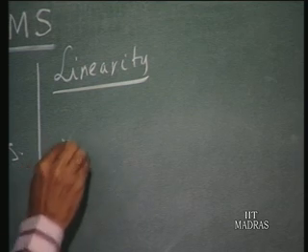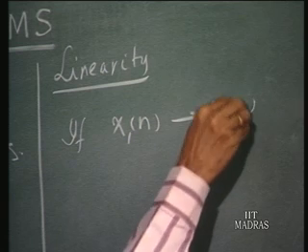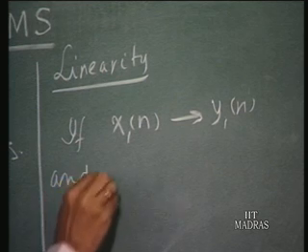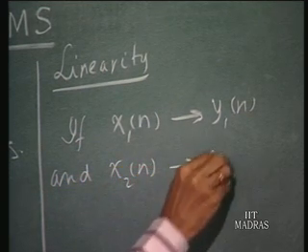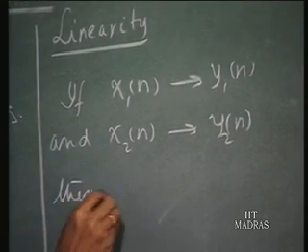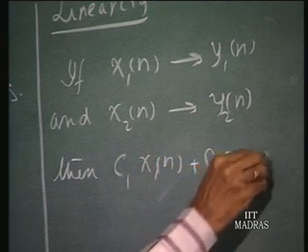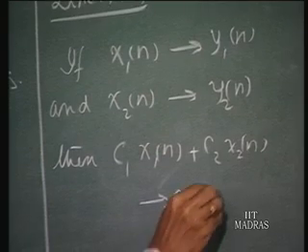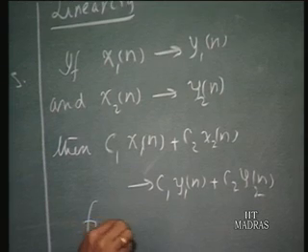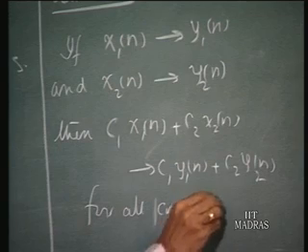We will say that if an input x1 of n gives rise to an output y1 of n, both are functions of n, and another input x2 of n gives rise to y2 of n, then if the system is linear, if c1 x1 of n plus c2 x2 of n, a linear combination of these two input signals, will produce an output which is the same form of linear combination of the output quantities, for all constants C1 and C2.